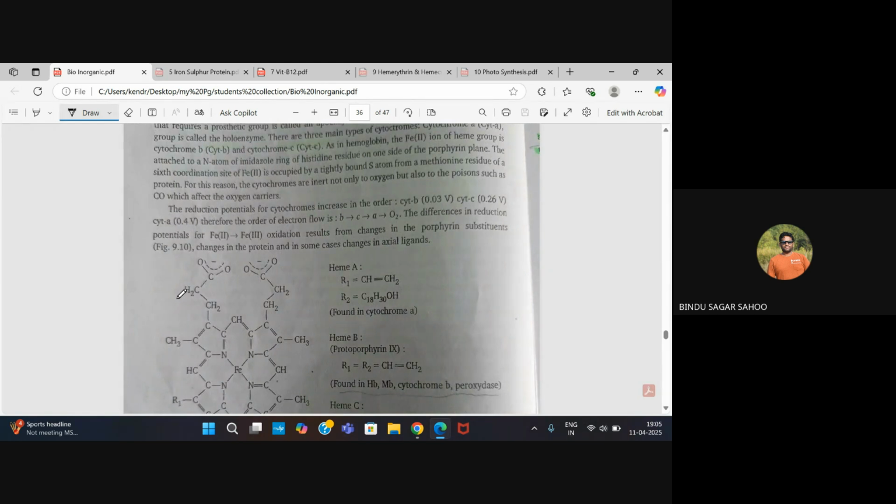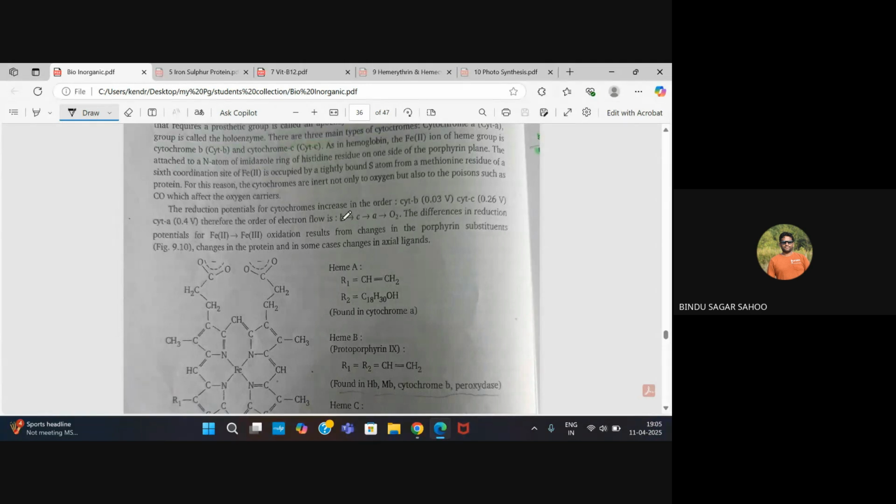So the flow of electron occurs through the cytochromes in the biological system. What is the basic function or role of cytochromes? Through the cytochromes the flow of electron occurs, and their redox potential values are designed such that, as you can see here, 0.03, 0.26, and 0.4.